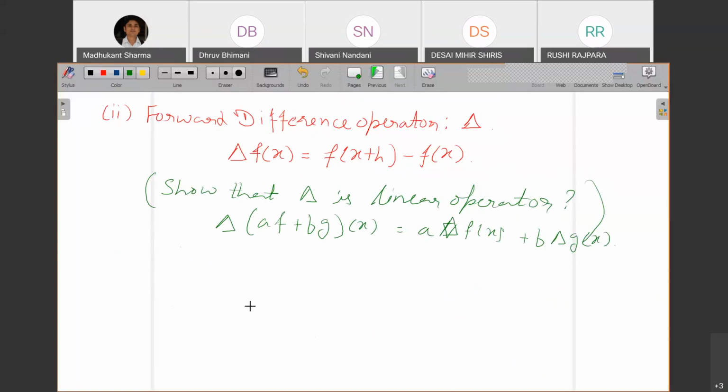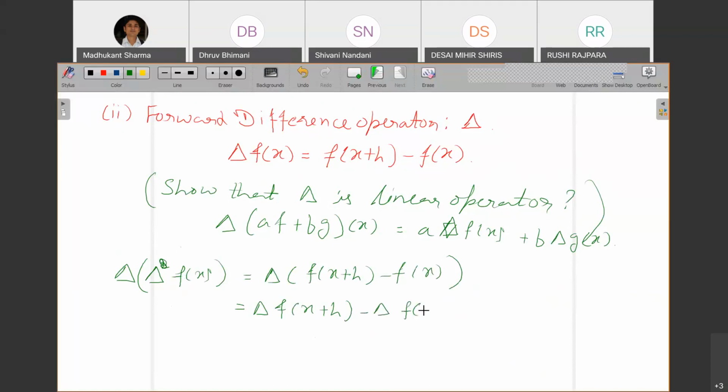So if you go for delta square, meaning you apply delta 2 times, delta over delta f, what you will get is delta of f of x plus h minus f of x. Since delta is linear, that is equal to delta f of x plus h minus delta f of x.